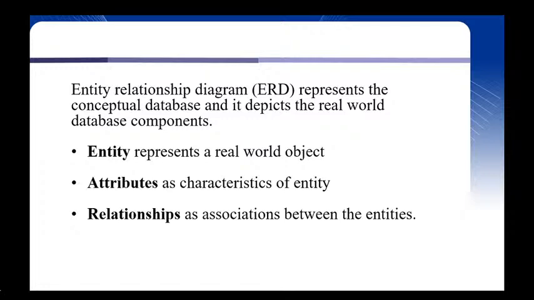Those attributes provide the characteristics of the said entity. And we have the relationship that serves as the association between the entities in our real world. Now let's go to each one of those representations in our database concepts.